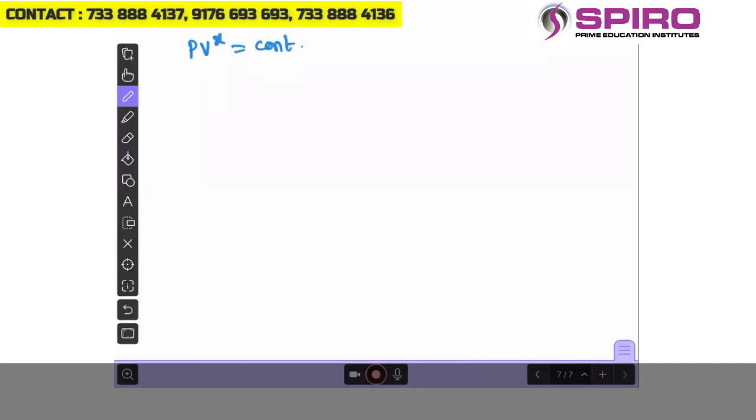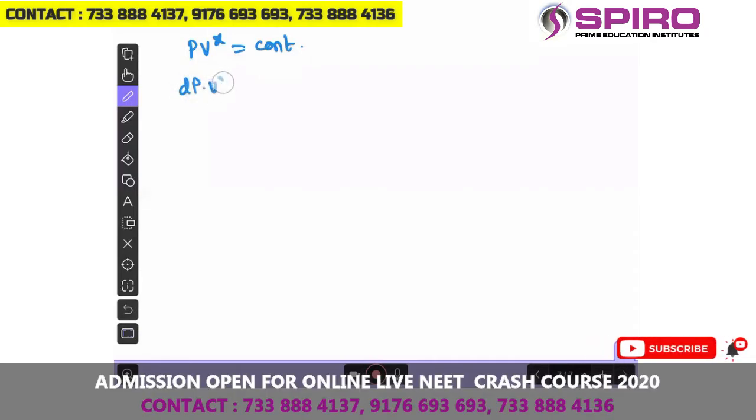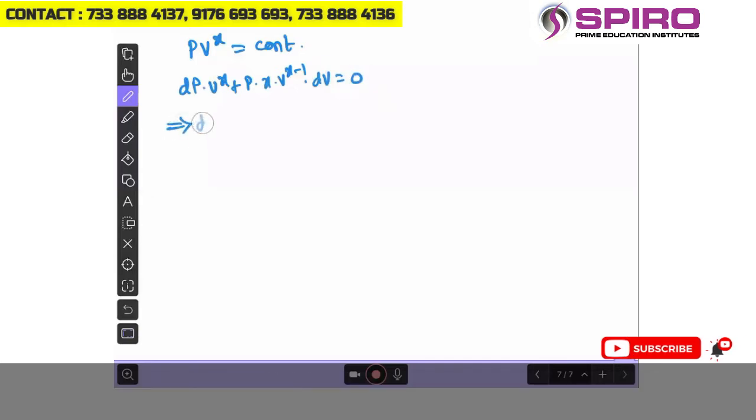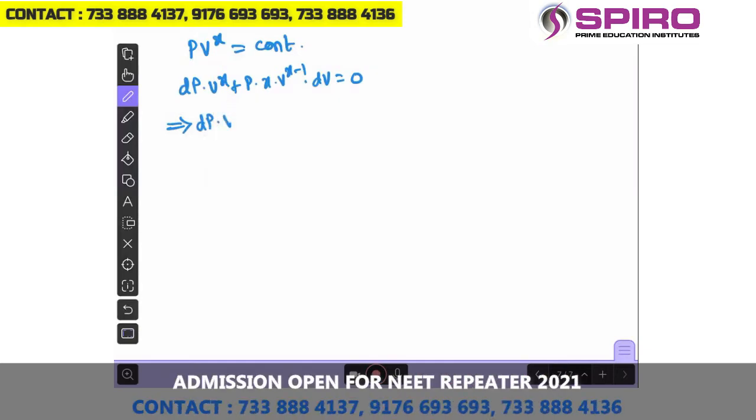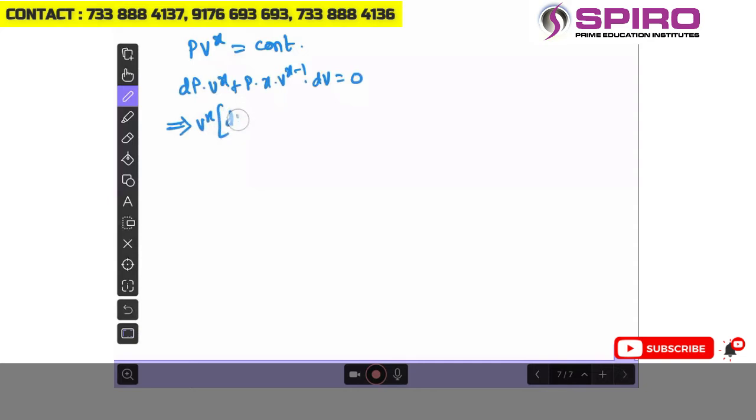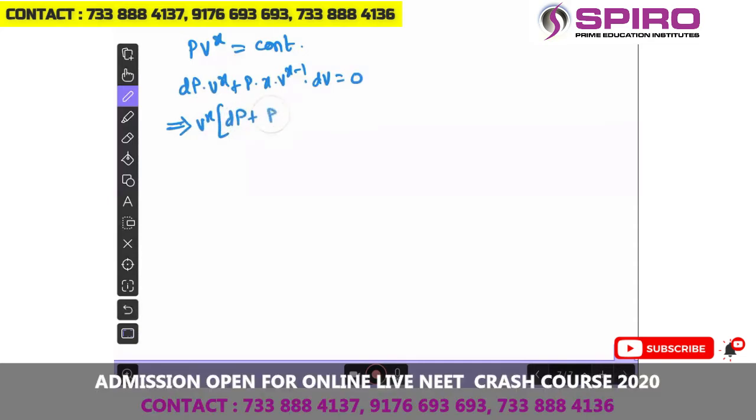After differentiating this equation, we get dP V power x plus P x V to the power of x minus 1 dV equal to 0.